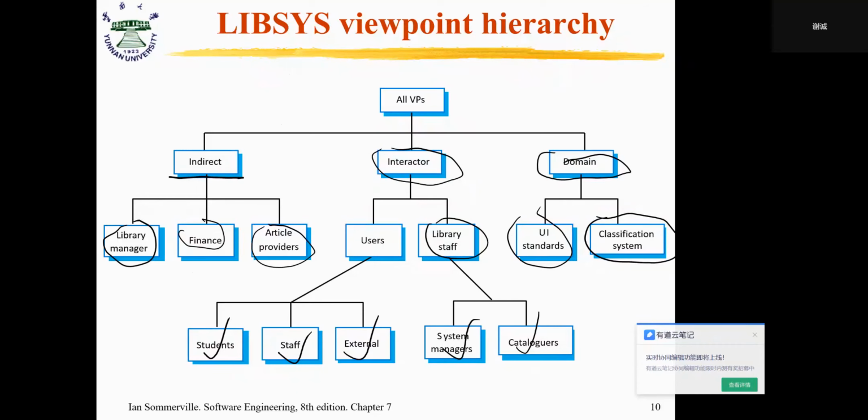All of these are the stakeholders of this example library system. A different system has different stakeholders.